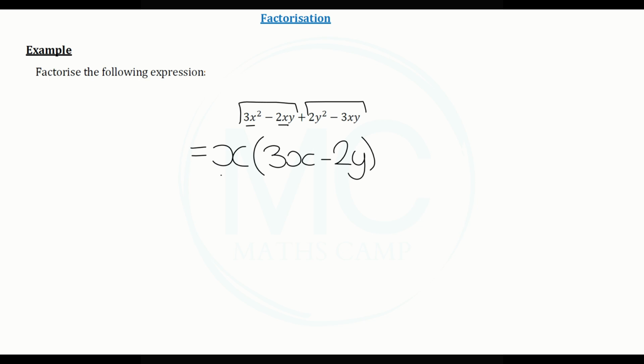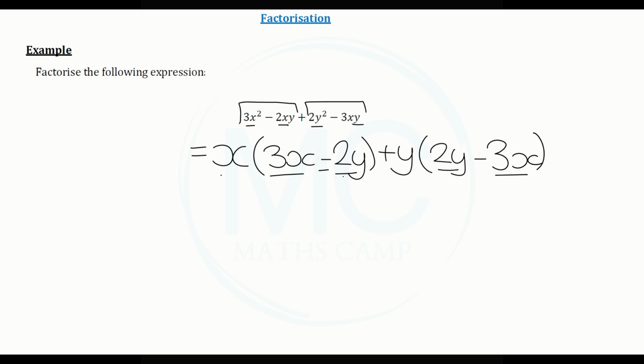In the second pair, we have a common factor of y. So we can take y out, and we're left with 2y squared divided by y, which is 2y. Negative 3xy becomes negative 3x. Now, in our brackets, we have got 3x and 3x and 2y and 2y and a minus sign.